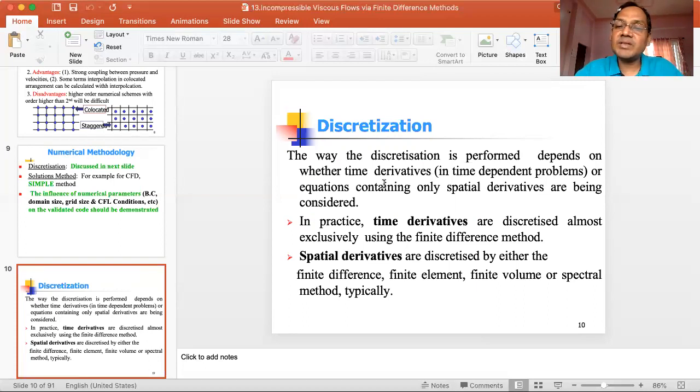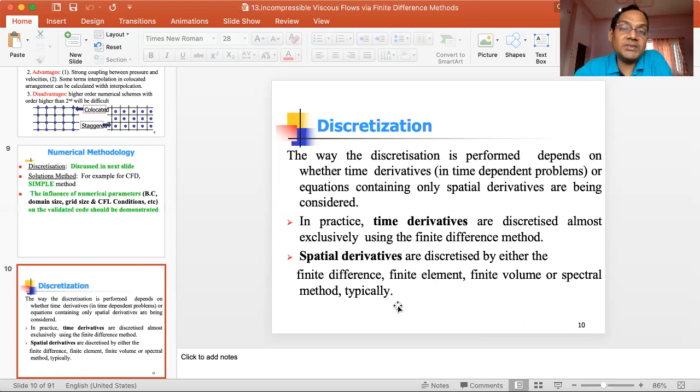Time derivative, almost everybody discretizes by the finite difference method. But space derivatives, x, y, z, can be discretized by either the finite difference method, finite element method, finite volume method or spectral method.